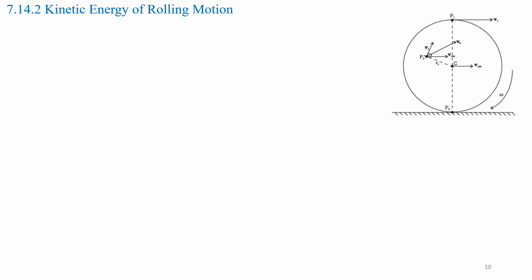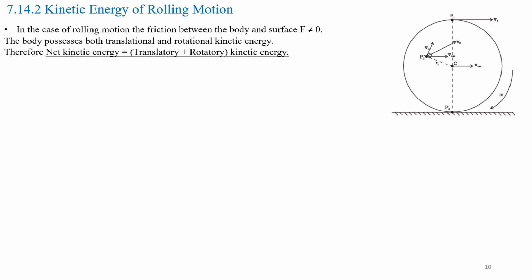Kinetic energy of rolling motion. Please see the figure here. In the case of rolling motion, this is the surface, the dotted lines or cross lines are the surface, and this is the rolling body.